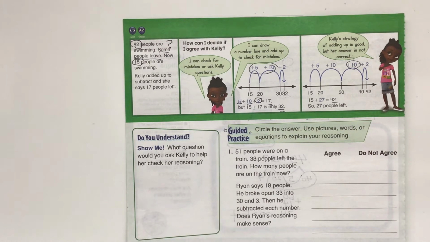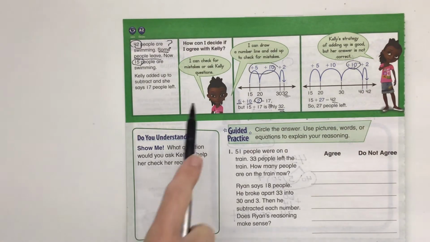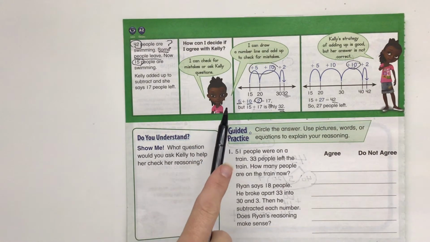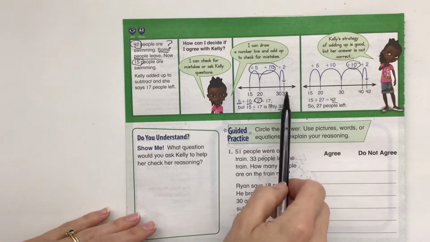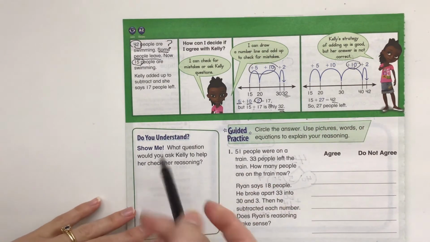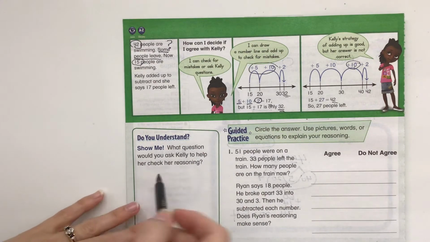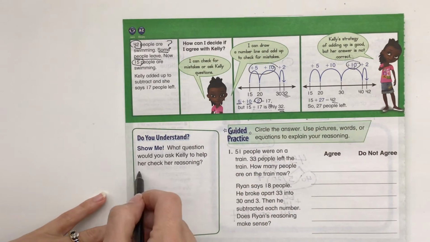What question would you ask Kelly to help check her reasoning? A question you could ask if you're talking with somebody in real life. No, we can't with Kelly because she's just a cartoon drawing. But ask her how she found what her total number was. What question could you ask Kelly to help check her reasoning?